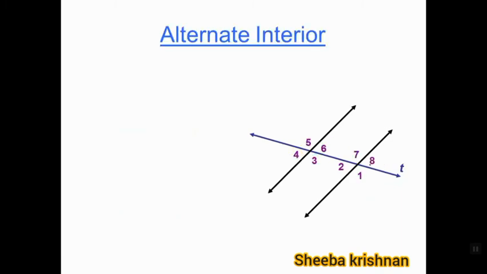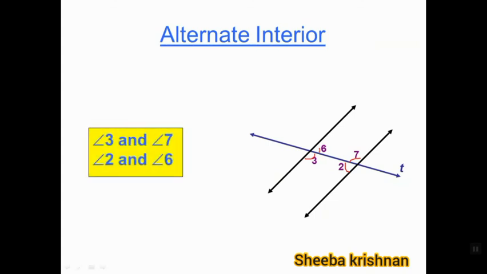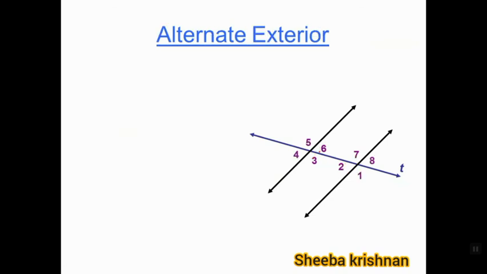Now, alternate interior: angle 3 and angle 7, and another one angle 2 and angle 6. These are alternate interior angles. Which are alternate exterior angles?